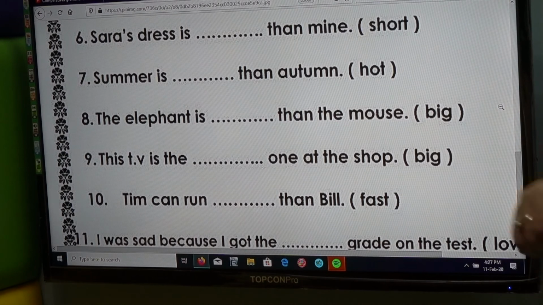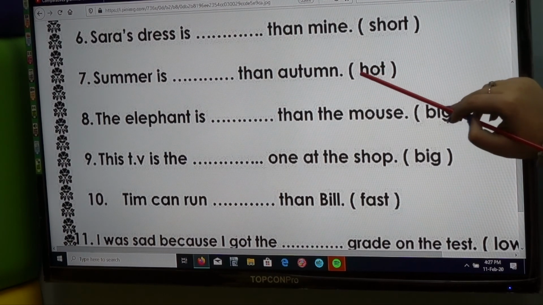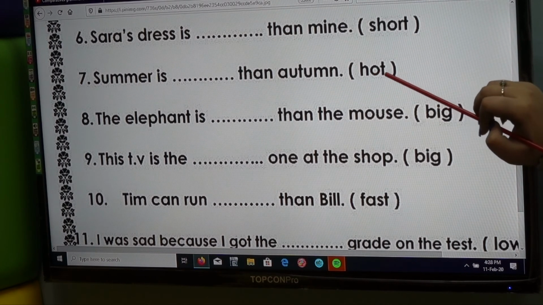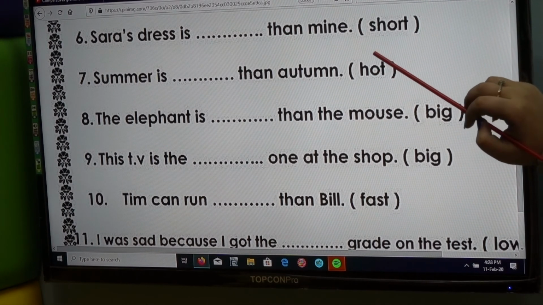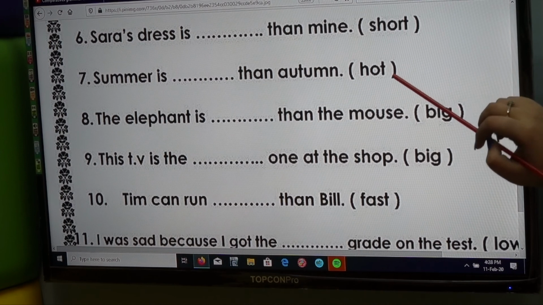They gave you the adjective hot. Wow. Something special is here. H-O-T. Hot. It ends with a vowel and a consonant, right? So if an adjective ends with a vowel and also a consonant, what do we have to do?